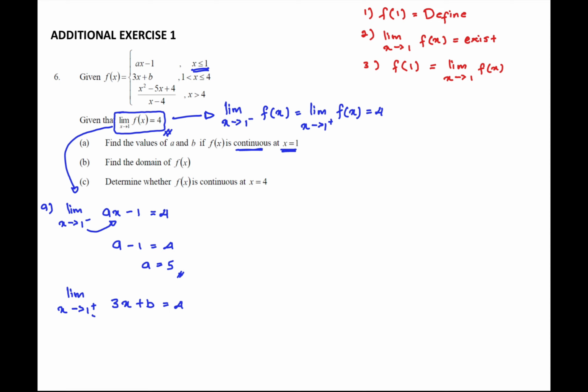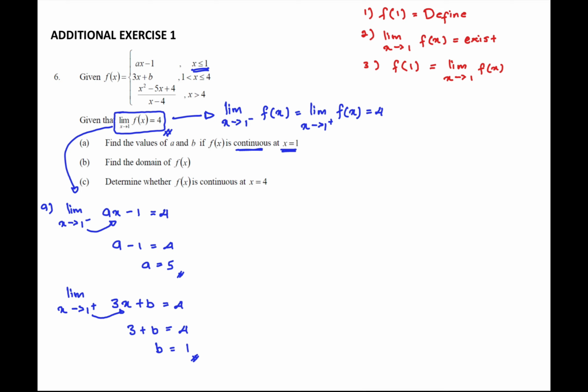So when we substitute x with 1 here, we get 3 plus b equal to 4. Therefore b equal to 1. So that is the answer for question A, which is a equal to 5 and b equal to 1.